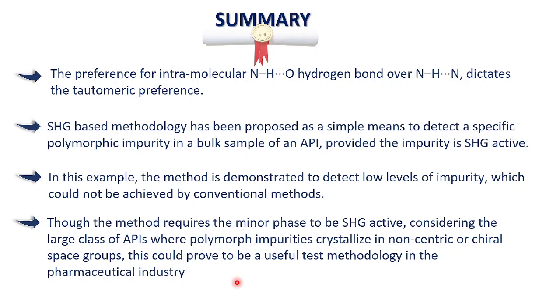This could prove to be a useful test methodology in the pharmaceutical industry. Simply, one of the components, that is the impurity, should be second harmonic generation active, then we can apply this technique.